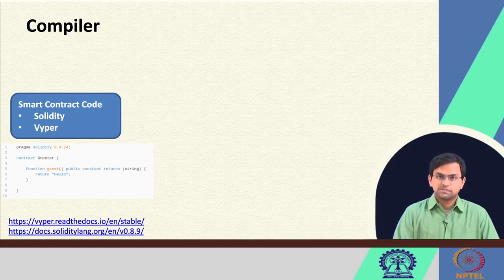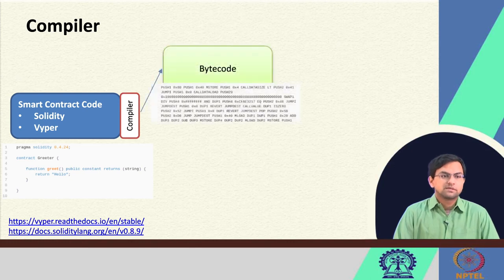Now, these smart contract languages are high level languages, and they cannot be directly executed on the Ethereum virtual machine. So what we need is a smart contract compiler. This compiler takes as input the high level smart contract code and produces the output as byte code. So this contract in high level language is converted into byte code, which then can be executed by the Ethereum virtual machine.